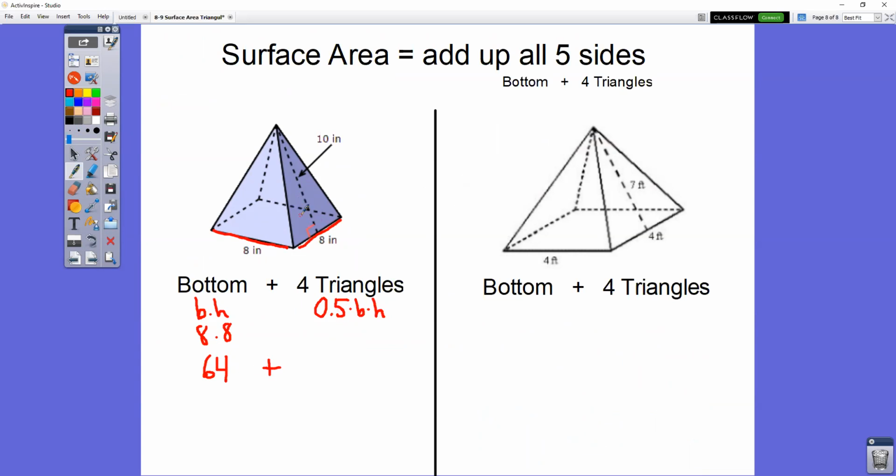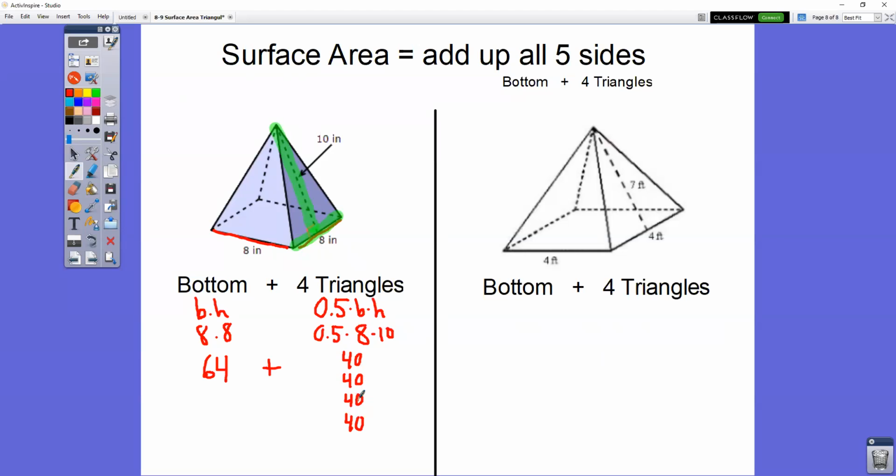Plus, now we have to find the triangles. The base of the triangle is 8. The height of the triangle is 10. So we have 0.5 times 8 times 10. 0.5 times 8 times 10 is 40, but we're going to write it down 4 times because we have 4 triangles.